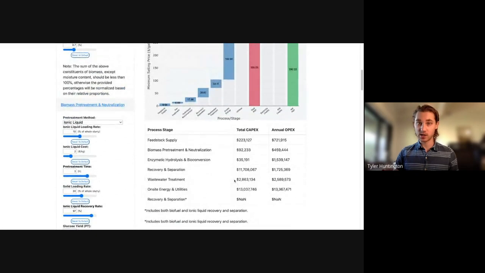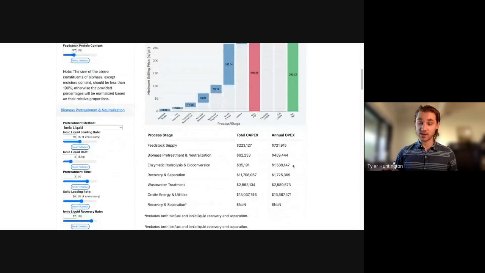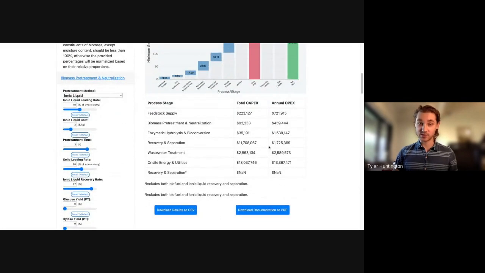And so we give you some visualizations of what those cost breakdowns look like. We include the RIN credits in this case, which are policy incentives that would offset the cost, and the electricity credits that you would get from selling electricity produced in the facility back to the grid. And then based on those offsets, we give you a net minimum selling price and show you what the CapEx and OpEx break down into as well.